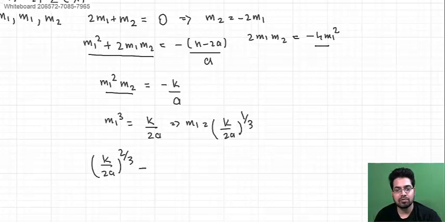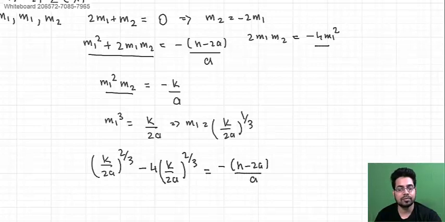So minus 4 m1 square, that means square of this quantity, (k by 2a) to the power 2 by 3, and this equals minus of (h minus 2a) by a.